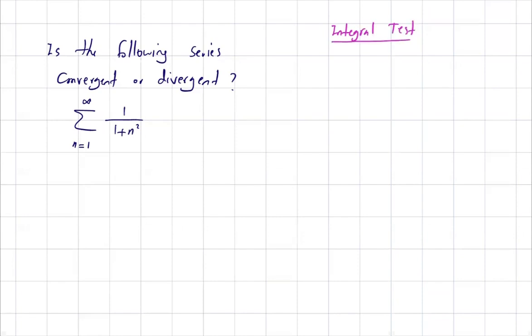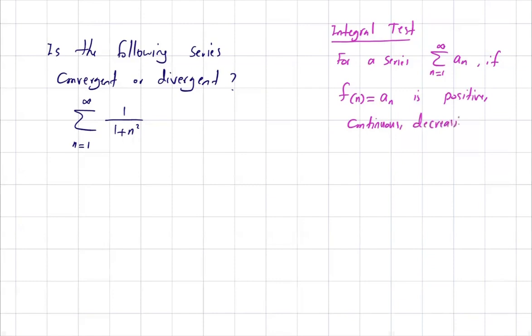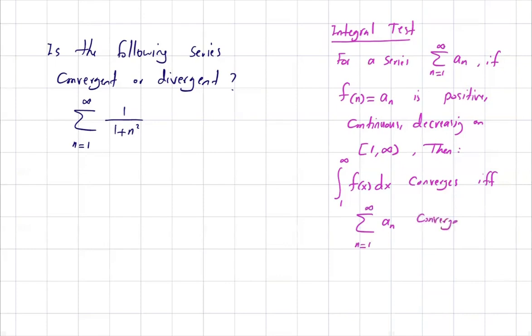The integral test says, for a series the sum of a_n, n starts from 1 to infinity, if f of n, which can be written as a_n, is positive, continuous, decreasing on the interval 1 to infinity, then the integral of f of x dx from 1 to infinity converges if and only if the series, n starts from 1 to infinity, converges.